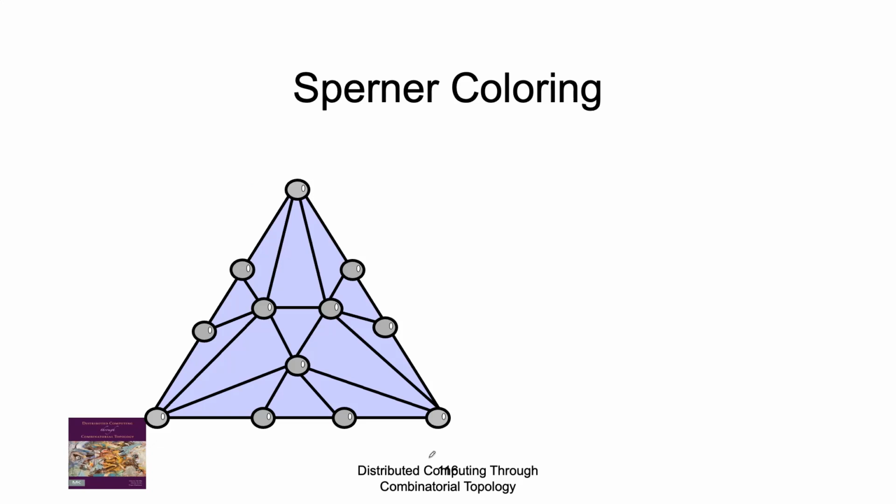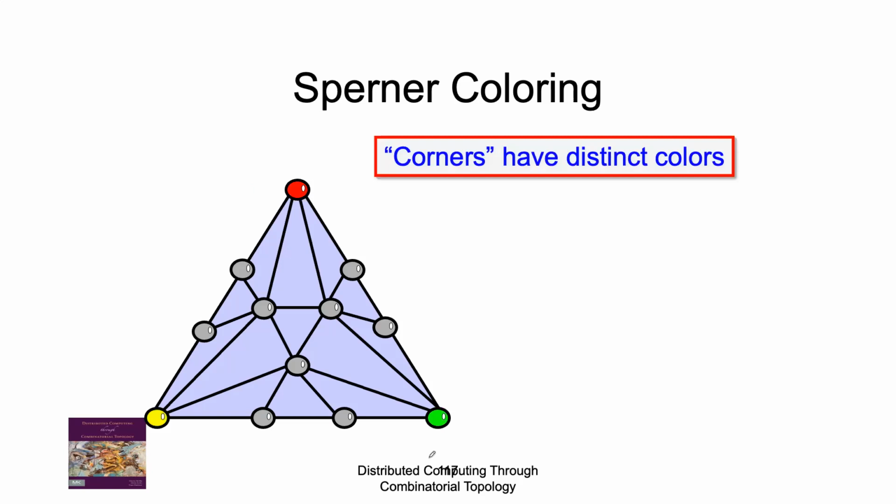What is Sperner coloring? We have a subdivided simplex. On this subdivision, we choose distinct colors for the endpoints of the original simplex. This is a condition of the Sperner coloring.